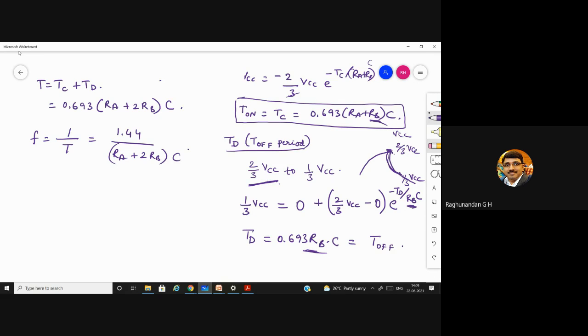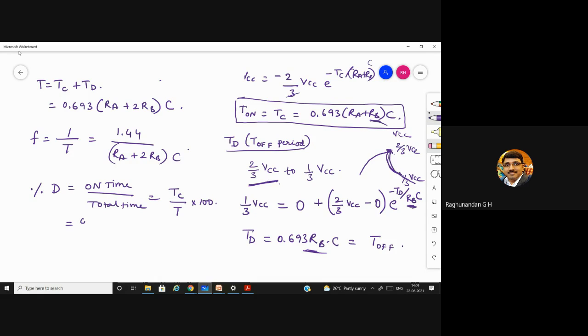Now we are going to find the duty cycle and percentage duty cycle. The expression for the duty cycle is the total on time divided by the total time, that is, charging time by total time into 100.